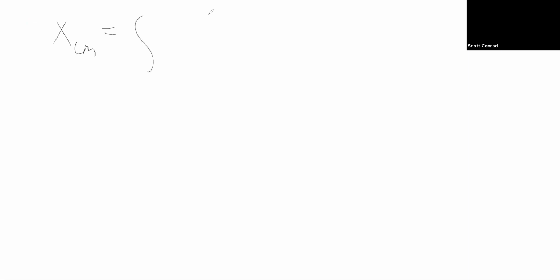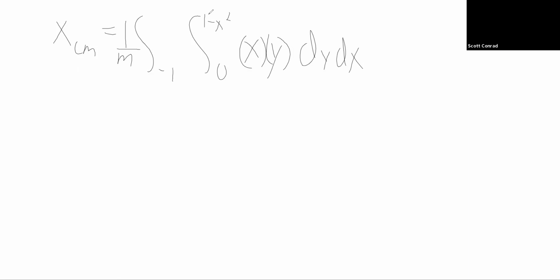Our x coordinate for the center of mass, and we'll talk more about this tomorrow because this will be important later, is x times the density, which is y. And we use the same bounds. y goes from 0 to 1 minus x squared. x goes from -1 to 1.